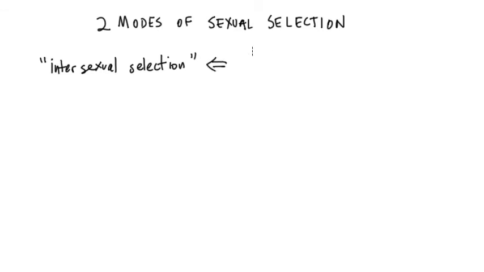I like the more descriptive term female choice, accounting for the way that in nearly every case, it's the females that are making the decision about which males succeed, and only very rarely it goes the other way, with males picking the successful females. Yes, there are the phalaropes, a kind of duck, in which females are subject to sexual selection by way of male choice. But this, and a few other exceptions, maybe humans, are exceptional. Females are choosing, and males are the ones with the extreme phenotypes nearly every time.